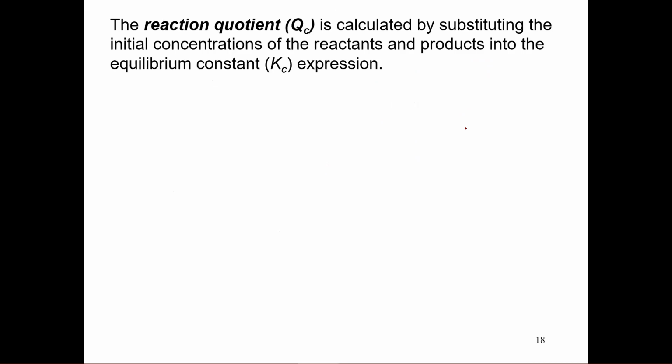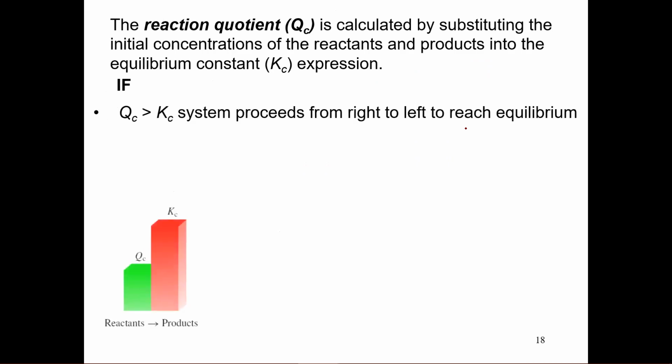The reaction quotient is calculated by substituting initial concentrations of reactants and products into the equilibrium constant expression. If Qc is greater than Kc, it goes from the right to the left to reach equilibrium.